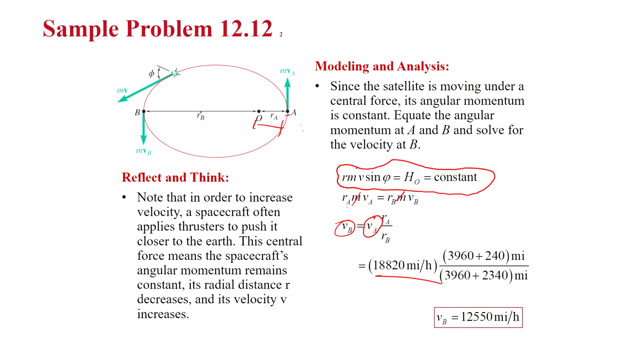And they're telling us that the distance rA is given, and the distance at B is also given, which is this value. So you only need to find your distance at A and your distance at B. This is A and this is B. When you do that, you'll find that the velocity at B is 12,550 miles per hour.